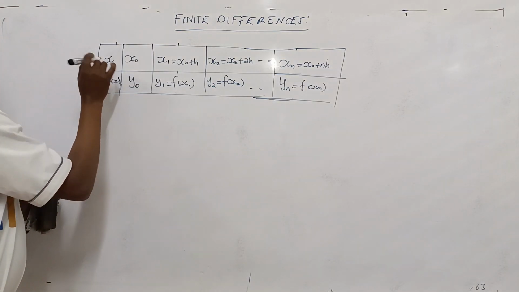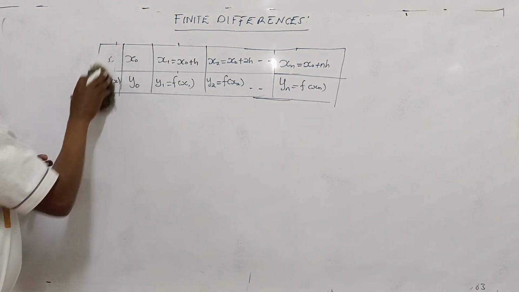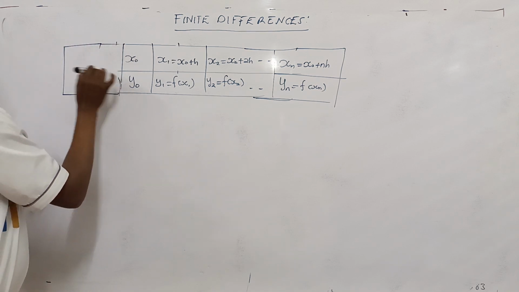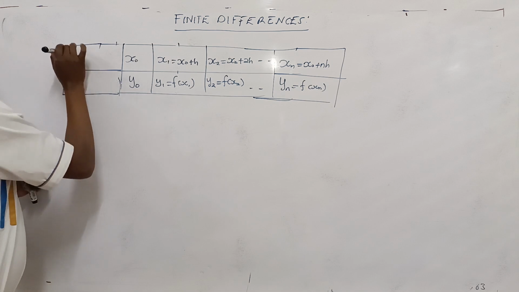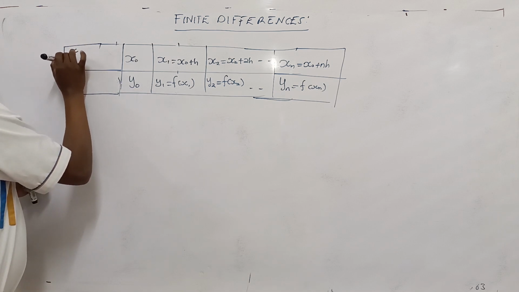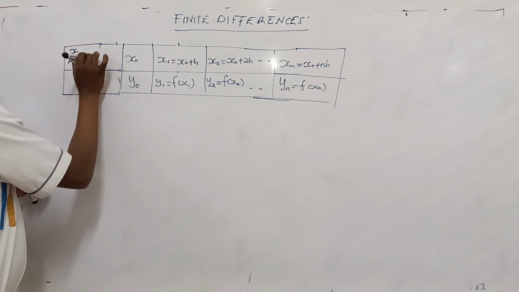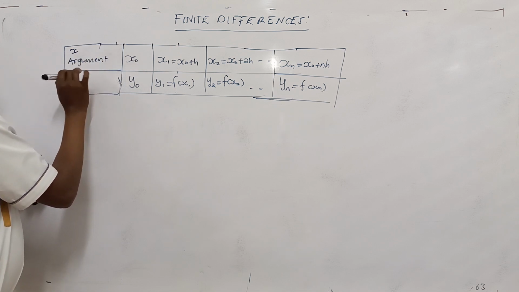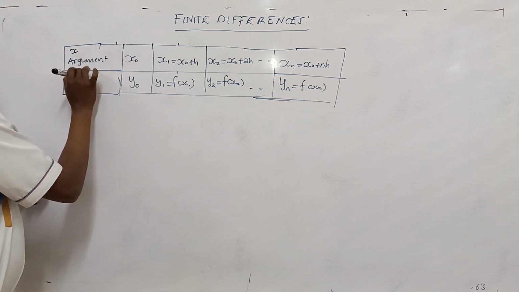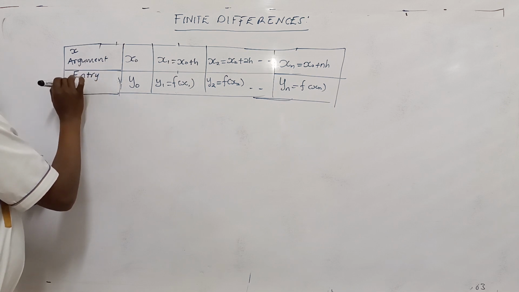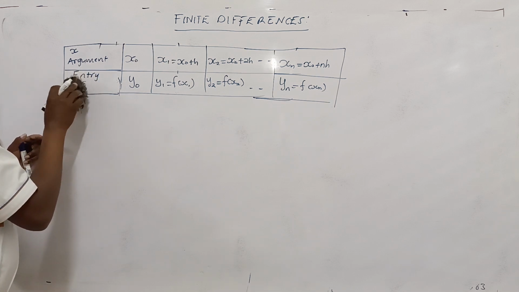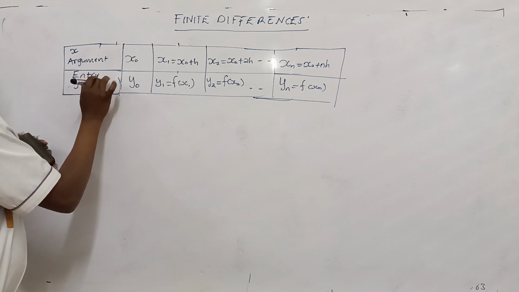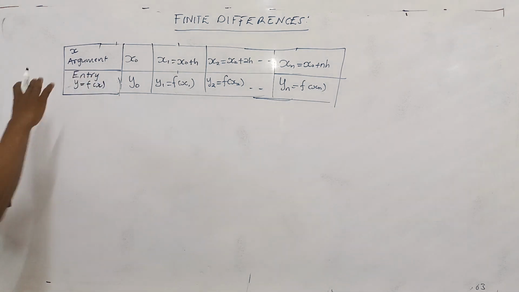Now, the value of x, or the independent variable x, is called the argument, and the dependent variable y is called the entry. Remember, y is a function of x. So these are tabulated data.